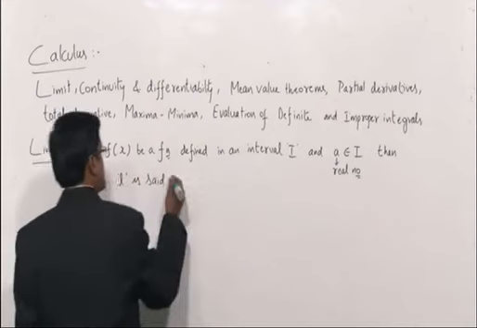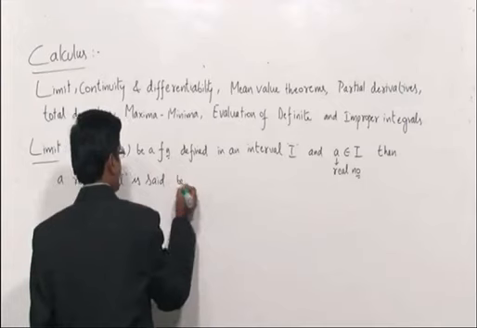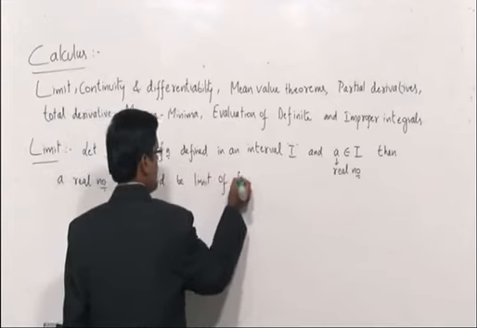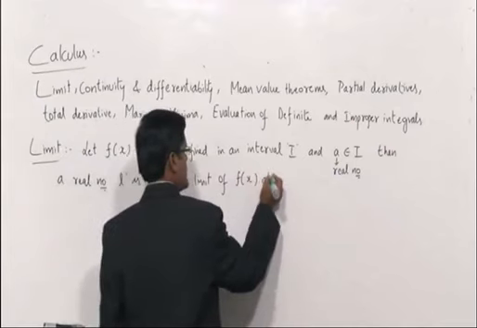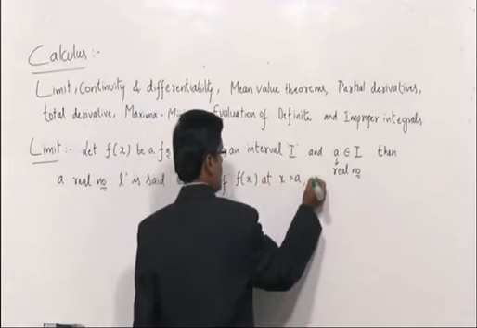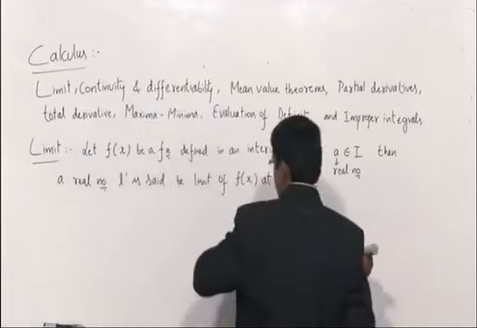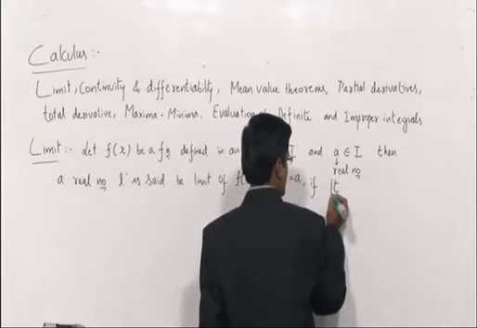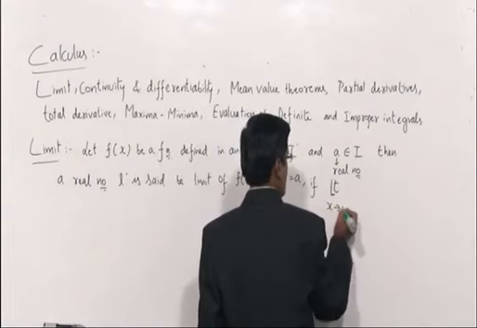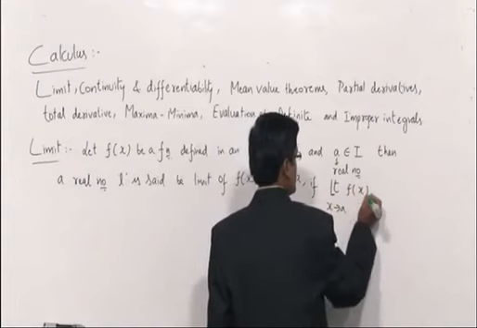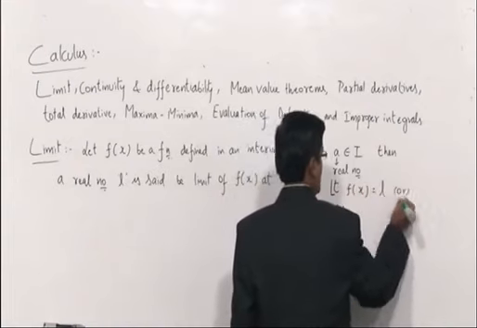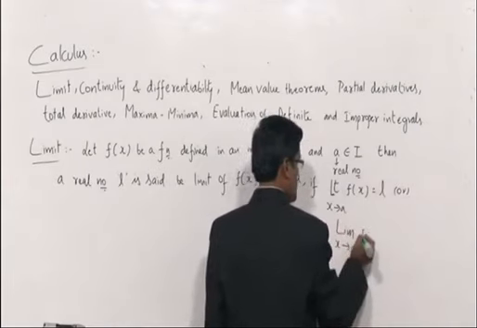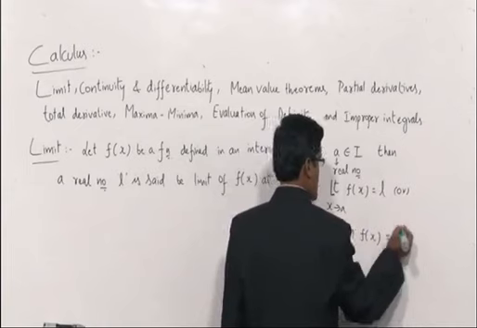Okay, L is said to be the limit of f(x) at x is equal to a if, just for problem purposes I am giving this one, limit x approaches a of f(x) is equal to L, or this is also denoted by lim x approaches a f(x) = L.